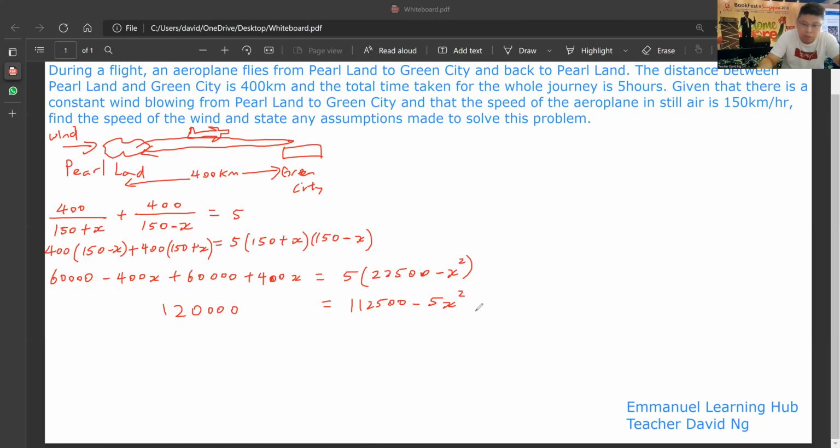Then I'll bring this over, 5x squared over. This will be 1125, 0 minus 120.